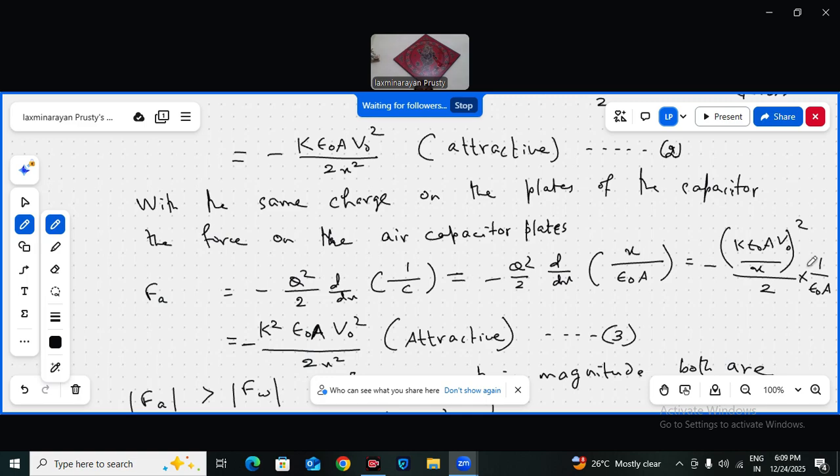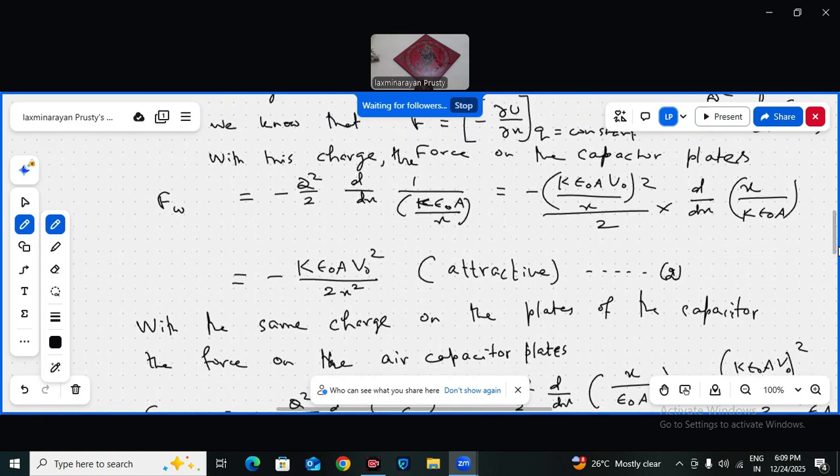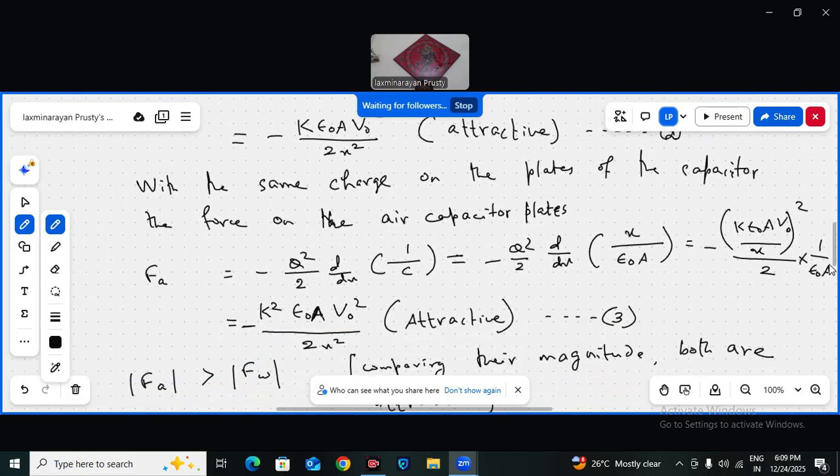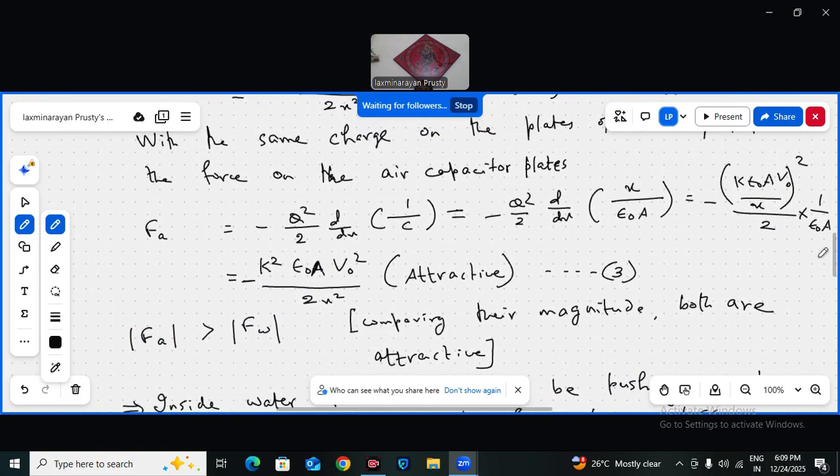But what is this? Remaining the same Q, the Q which I discussed for the water capacitor: K epsilon 0 A V0 by X. The same Q square by X square by 2 d by dX of X by epsilon 0 A. So K square epsilon 0 A V0 square by 2X square, minus sign, again attractive force.